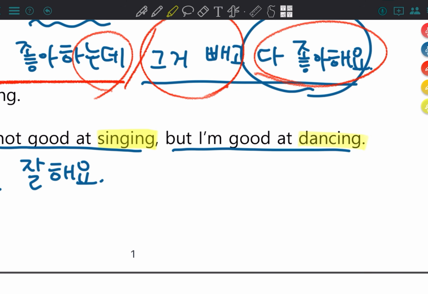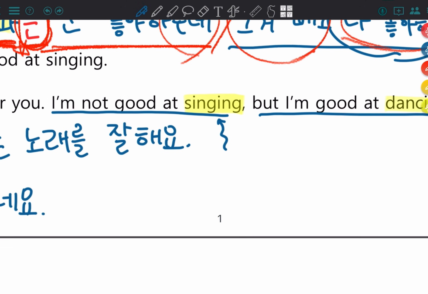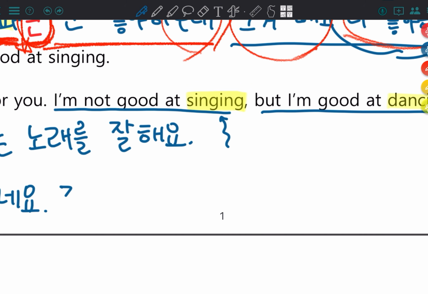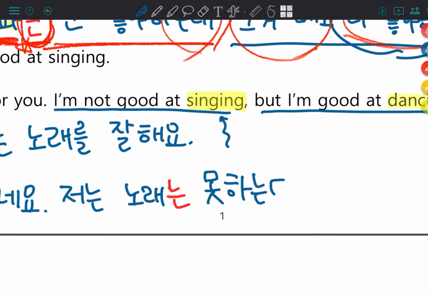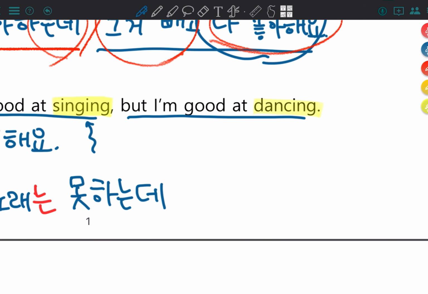Dancing also has to be an object. But let me translate it in a more natural way. So you can say, 저는 노래, we learned it means singing, 노래는, and to be not good at something we learned it's 못하다, right? Antonym of 잘하다. 저는 노래는 못하는데, and I'm good at dancing.